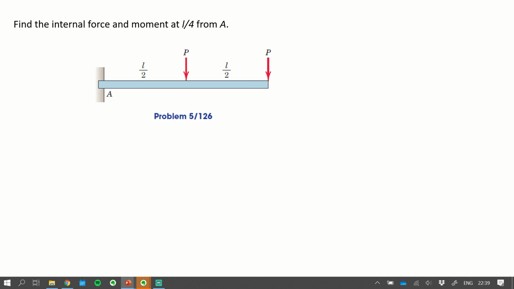And this is another example. At this particular structure, what we want to find is the internal force and the internal moment happening at L/4 from A. So it's supposed to be around here.